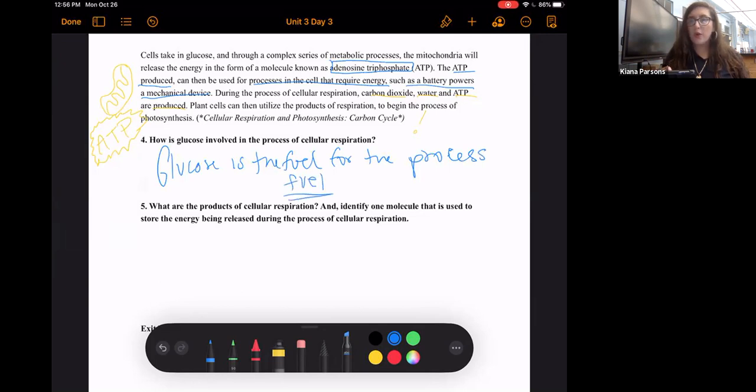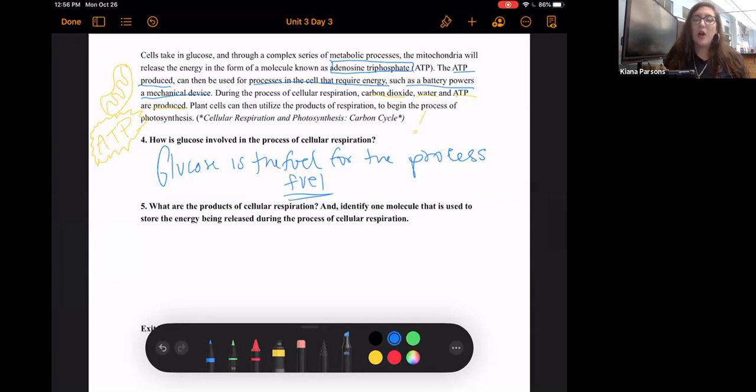And we're going to talk more about the formula involved in cellular respiration in your next day of notes, Unit 3, Day 4. We're going to look in depth at cellular respiration and at the formula, exactly how does this process occur? And the question below asks, what are the products of cellular respiration?